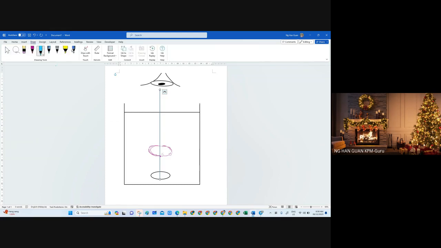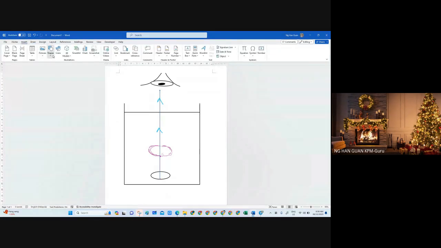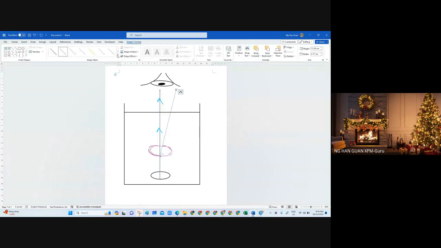Go straight upwards here. The next is another straight line from the image to the eyes. If the eyes are here, never mind, we can go slightly to the left or slightly to the right, it doesn't matter. Up to you. For example, we make it slightly to the right.